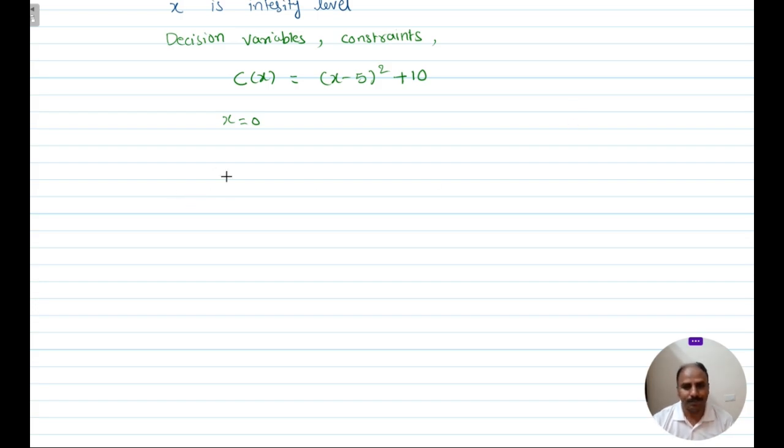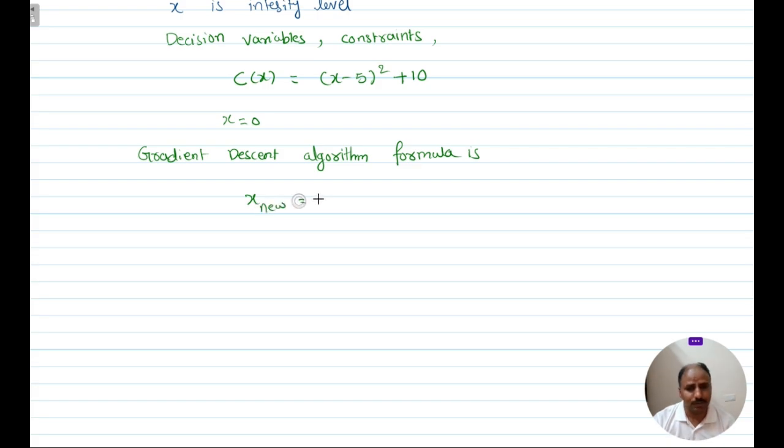The gradient descent algorithm formula is simply: we can take x new.